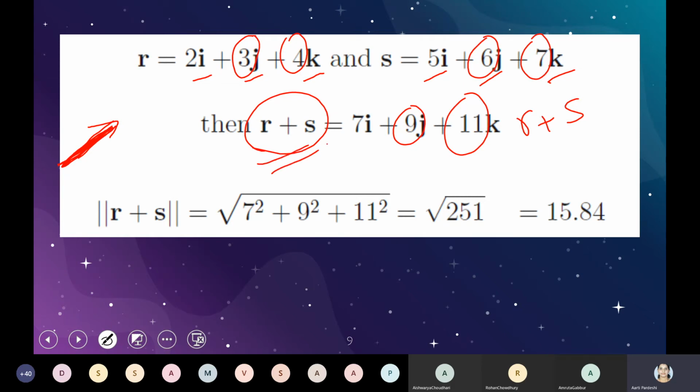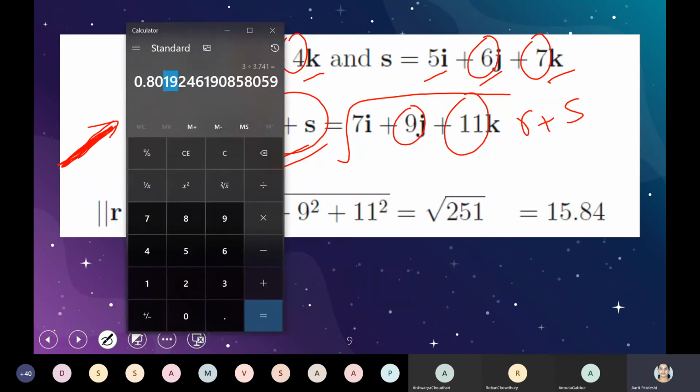Now the resultant Cartesian vector is this R plus S, and how to calculate its magnitude? It is very simple. Take the square root of x square plus y square plus z square. So here x is 7, y is 9 and z is 11. So 7 square, 9 square and 11 square. Add all of them, you will get 251. If you want, I can show you as the calculator is there itself.